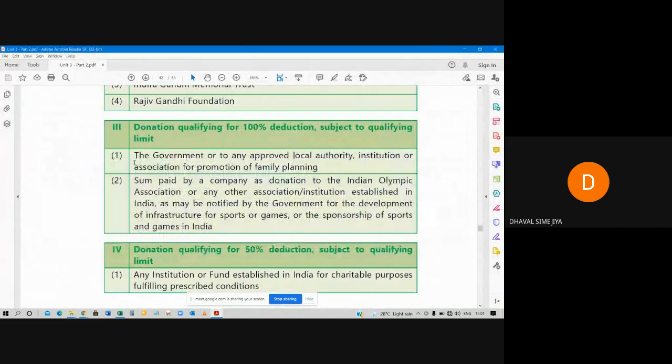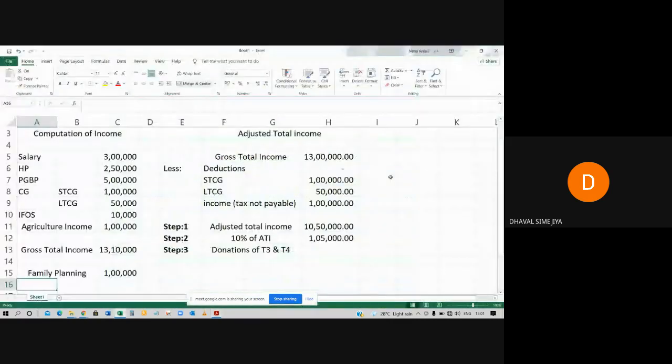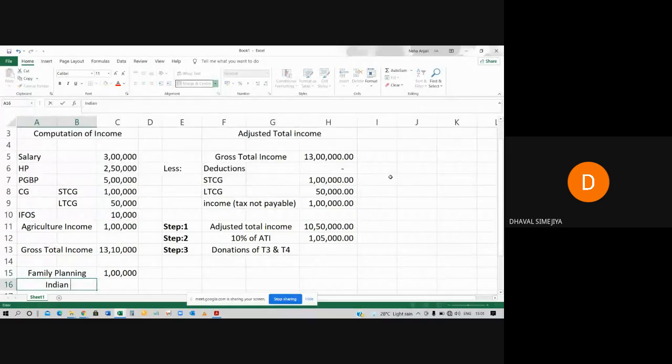For example, I have given to the approved local authority or any institution any fund for promotion of family planning. And let's say I have given to the Indian Olympic Association, let's say 2 lakh rupees.